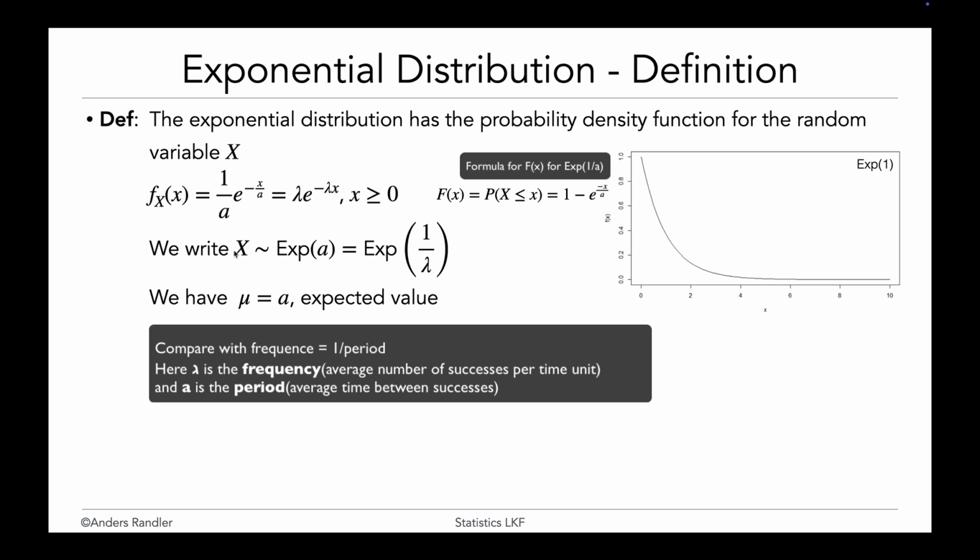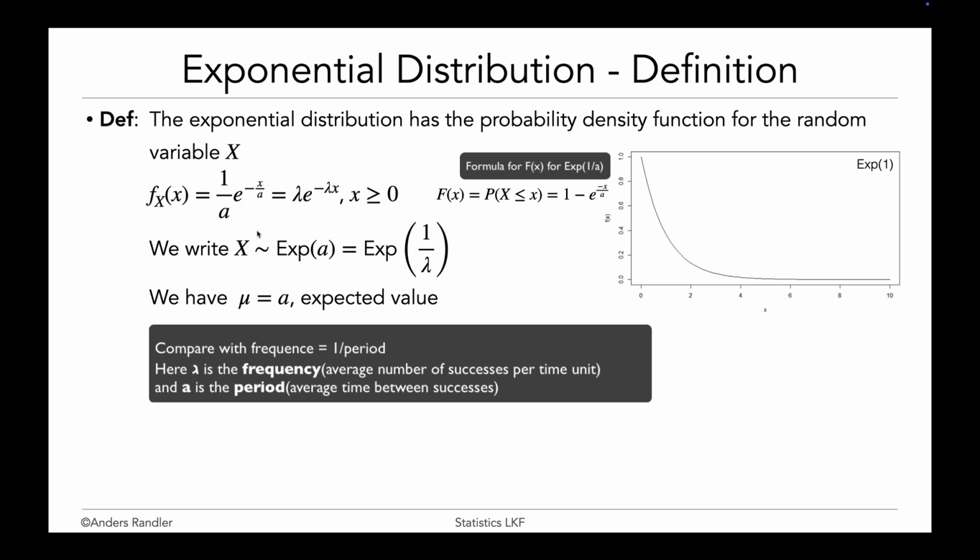We could either write x is distributed as an exponential distribution with the expected value of a, or like this. But if you want to use the expected value, which is the average time you will have between when you start and the first event happens, you should go for this version.